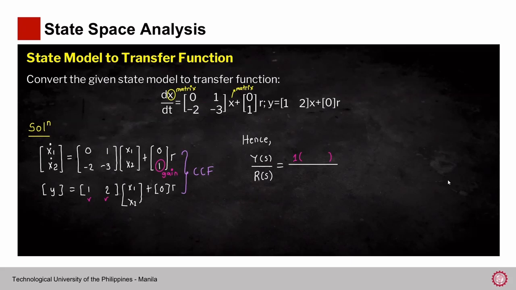This is nothing but 2s plus 1. Because if you write it this way, it is 1 and then 2, but in reverse, this is 2s plus 1. So you read it that way, 2s plus 1. But remember, you start from the end. So 1 and then 2.